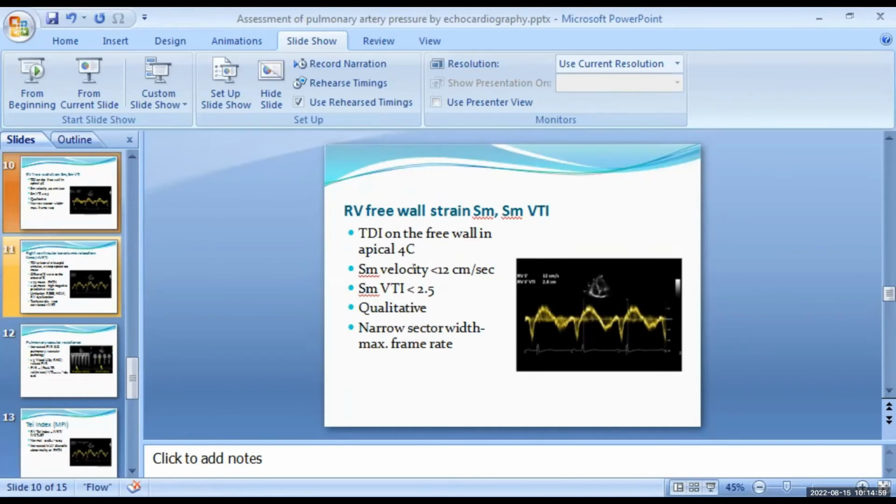If tricuspid annular systolic myocardial velocity is less than 12 centimeter per second and velocity time integral is less than 2.5, it is suggestive of pulmonary hypertension. We have to use the narrow sector width to maximize the frame rate and appropriate signals.